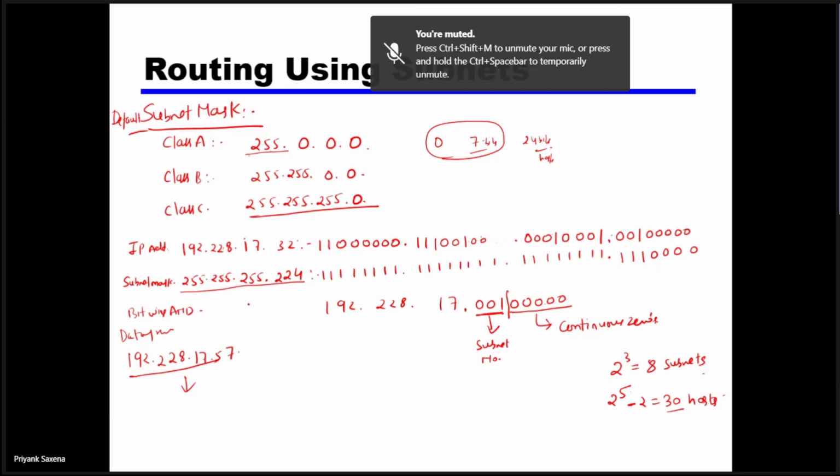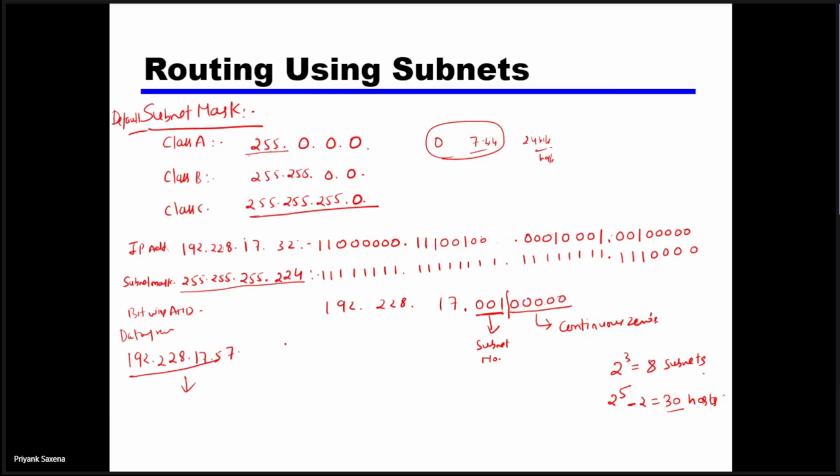Once you perform the bitwise AND with the same subnet mask, how is 57 written? 57 can be written as 128, 64, 32, 16, 8, 4, 2, 1, that is 0, 0, 1, 1, 1, 0, 0, 1.